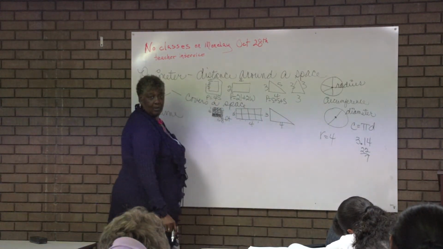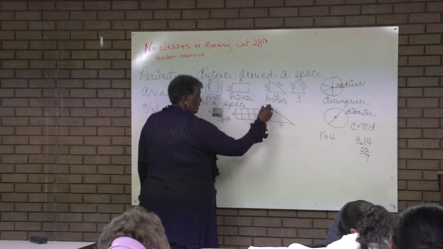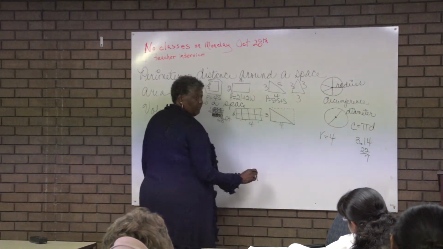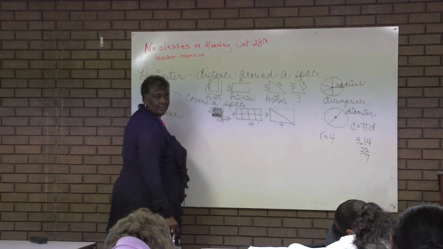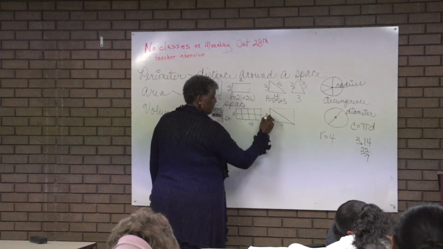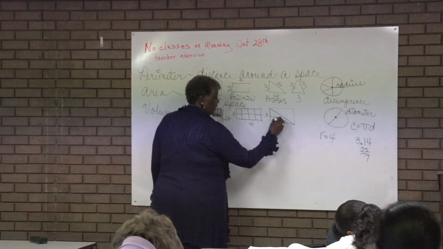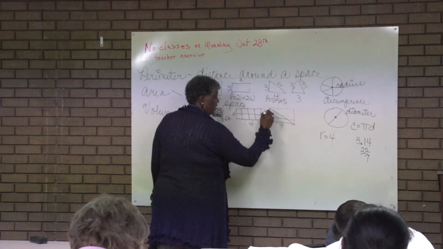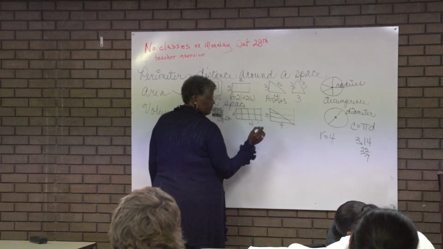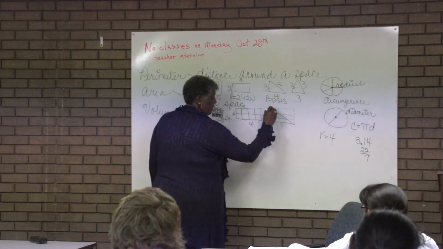If you have a triangle, it is just half of a rectangle. So the formula is half of it, because if I have 3 this way, it's 3 that way.